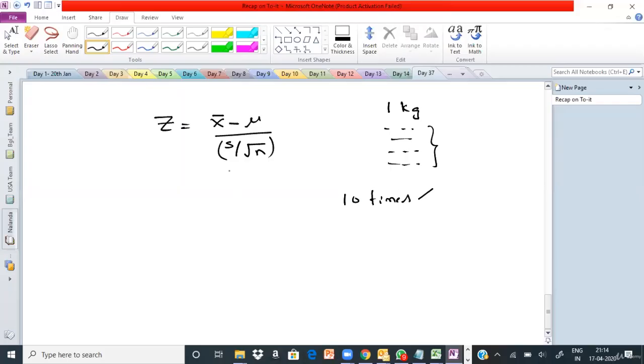Look at this: x bar minus mu. Basically you are making the biryani, and if the z value is, say, 0.5, then this becomes x bar minus mu.